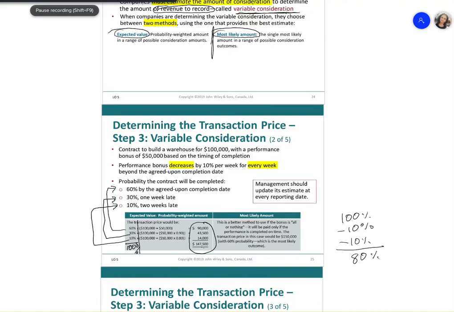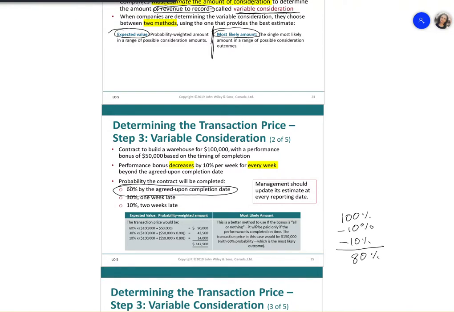And sometimes we could use the most likely amount. When you look at the most likely amount, you look at the probability which is most likely. Of course, the first one is more likely, right? Because there's a 60% chance that we are going to complete it on time. This is the better method to use if the bonus is all or nothing.